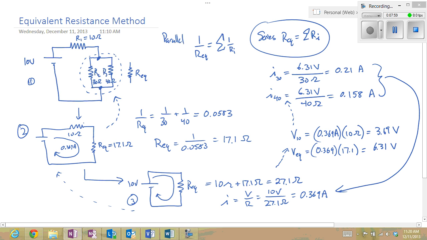Once we get our simple circuit, we apply Ohm's law to get our current, and we can then step backwards one step at a time. We go back up one level until we have calculated V equals IR or I equals V over R for each element in our circuit.